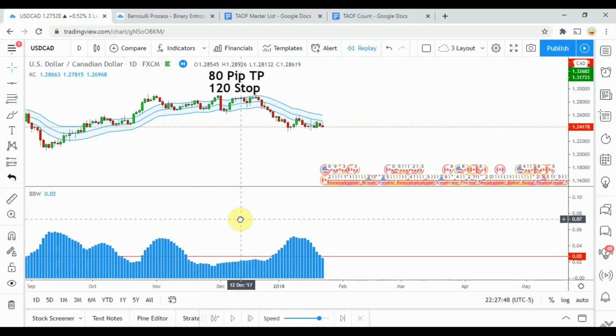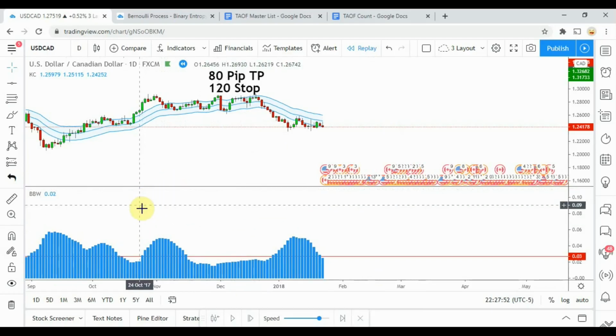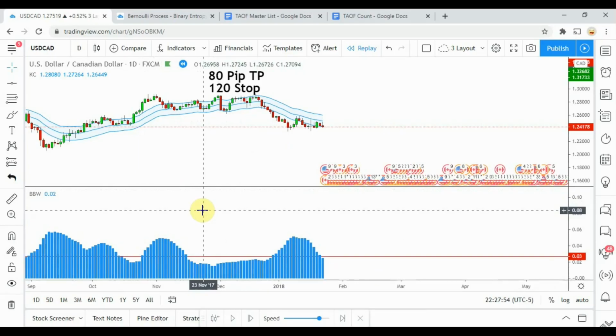Once I do that, we get a little bit clearer picture of what Bollinger Band width is. And so for those of you who don't know, the Bollinger Band width basically is plotting on chart the expansion and contraction of Bollinger Bands.